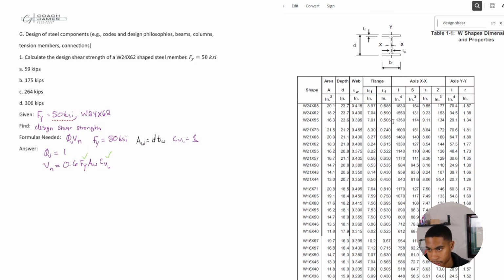In this case, we're looking for a W24 by 62. That would be here. We want to know the area of the web, but from this chart it doesn't look like they give us that. But they do give us d, which is the depth.